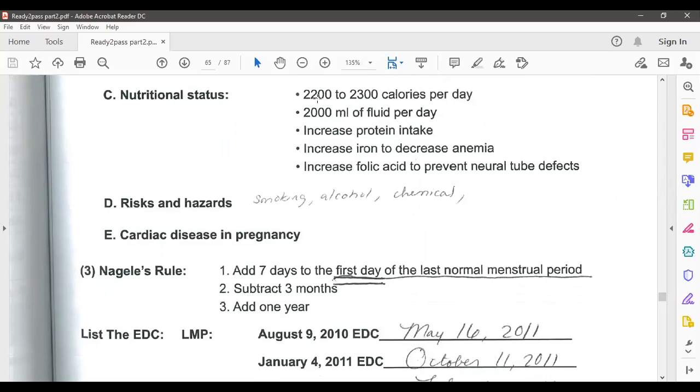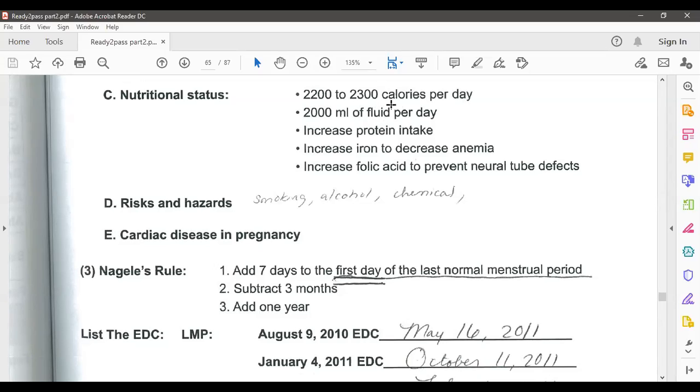Same thing I want to tell you, 2 liters to 3 liters, right? So no additional calorie during the first trimester, but 340 extra calories during the second trimester, or 462 extra calories the mother needs during the third trimester.